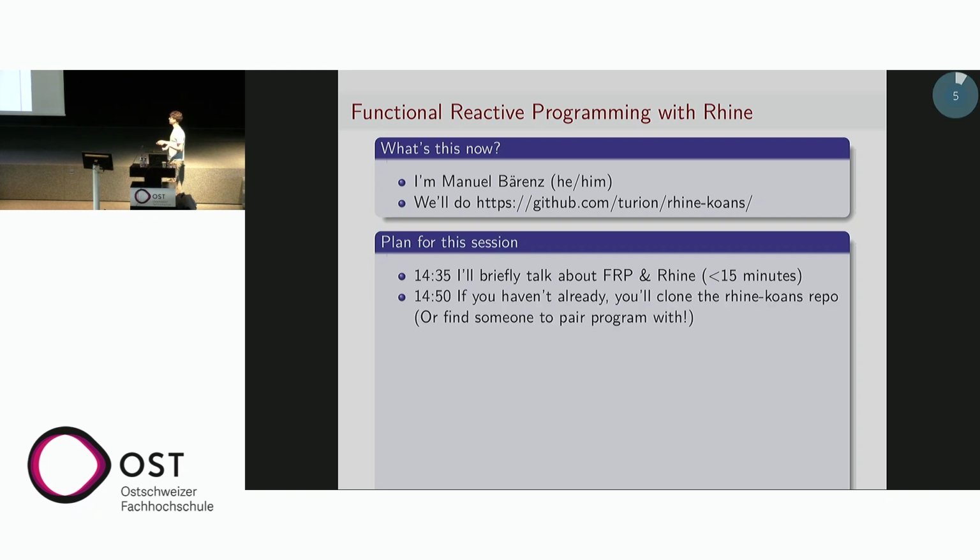Then when that's done, you should clone that repository, have it on your computer, install Haskell if you haven't done that yet. Or if you don't want to code yourself, find a friendly person here who has that and code together with that person. You can pair program.